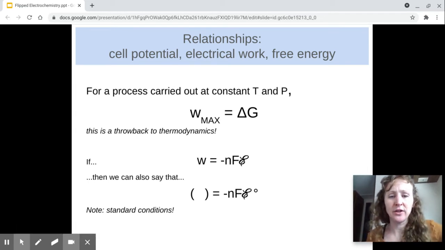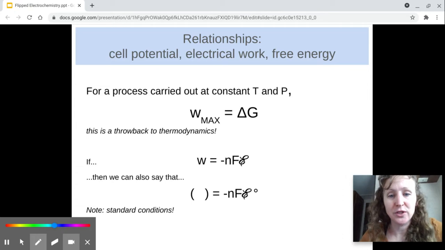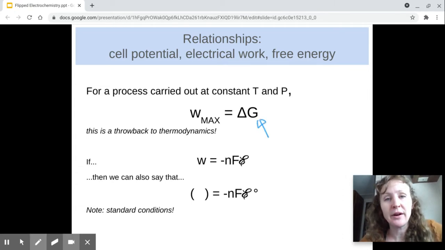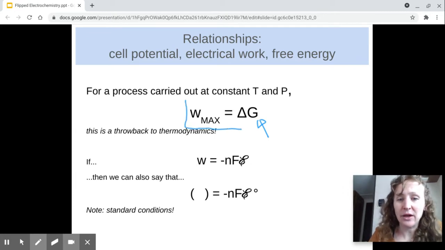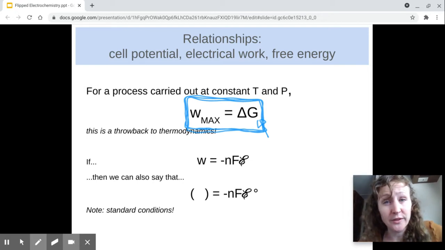Now, I do want to talk about one last relationship, and that's the relationship of these concepts to G. So remember, when we're talking about G, we're talking about free energy. And the free energy of the system can be used to predict the spontaneity of the system. Okay, so the max amount of work that is done is going to be equal to the change in free energy. So we looked at this when we went through that free energy POGL, right?